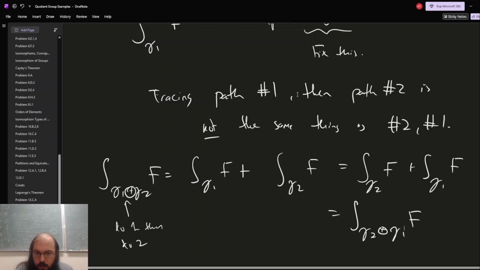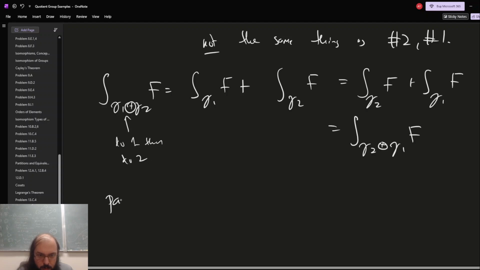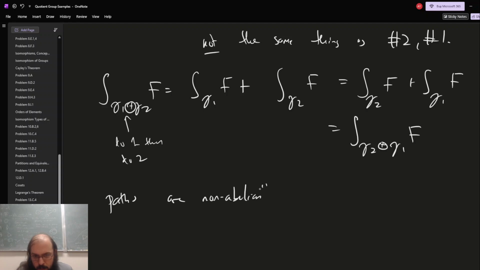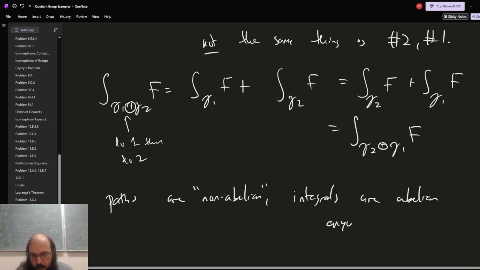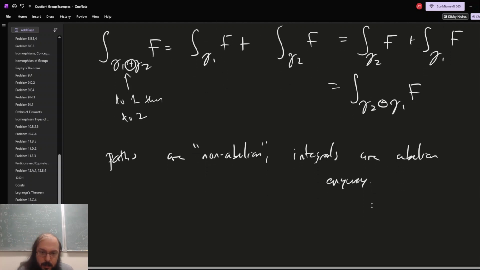And so even though we have these paths which are non-abelian, in the sense that the order does matter, integrals are abelian anyway. And so this is a situation where you can think of this as modding out, or to use a piece of violent terminology, we often call this killing commutators.